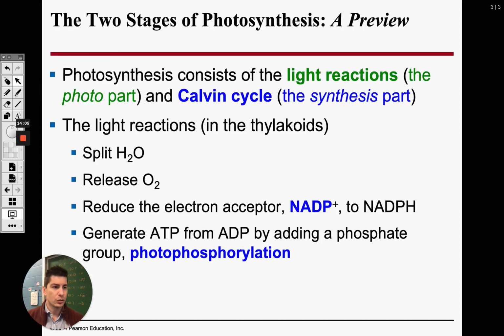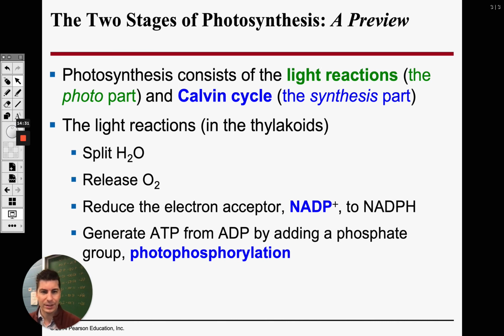Okay. So two big parts of photosynthesis. We are going to start with part one, which is the light reactions. These are the ones that, just like they say, need light. The second part is called the Calvin cycle. Now, when I was in school, the Calvin cycle used to be called the dark reactions, which we kind of got rid of.